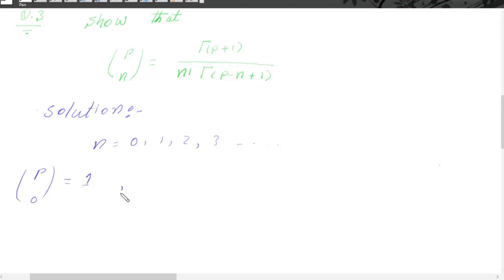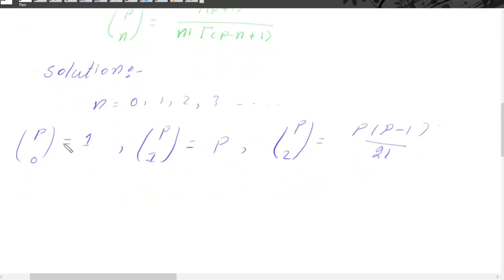Okay, and then we take the combination of p and 1, where n is 1, and this is equal to p. Now p and 2, the combination of p and 2, is equal to p times (p minus 1) divided by 2 factorial. Here we can write 1 divided by 1 factorial, and here we also have 0 factorial. This is 1 and 1, so we cannot write it this way.